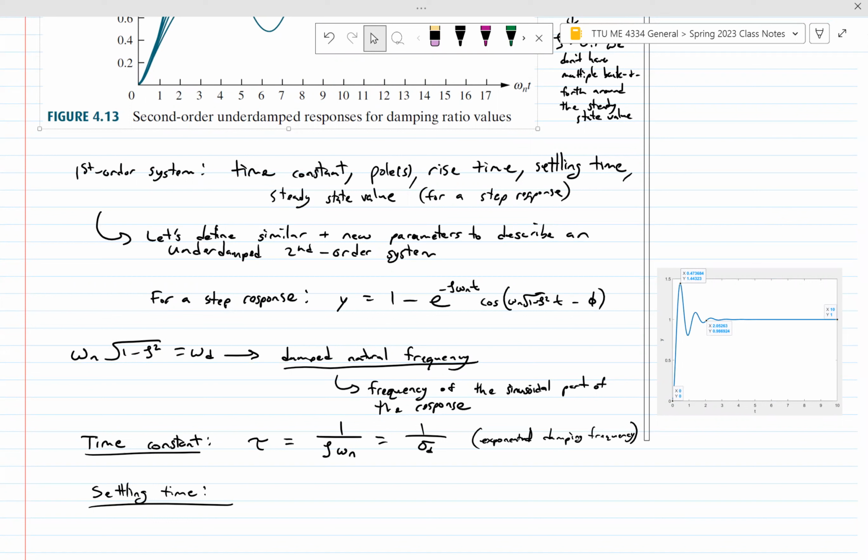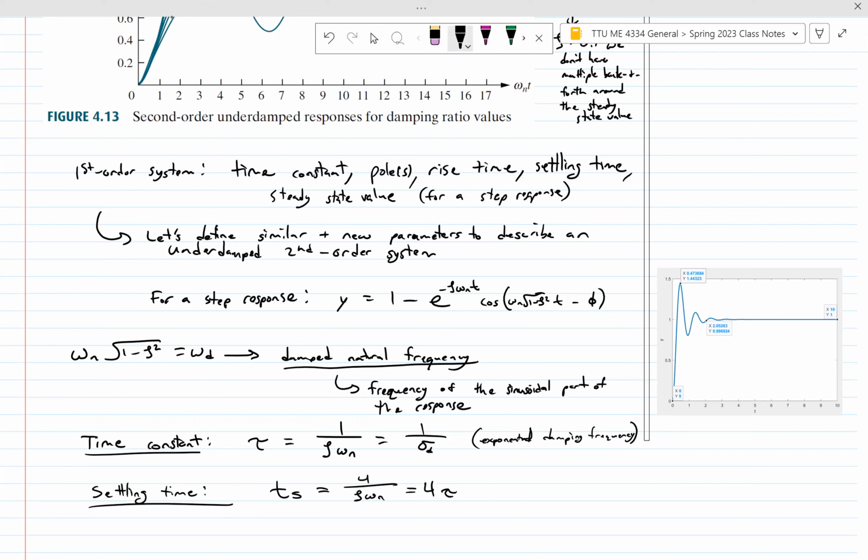What did settling time relate to last time for a first order system? 4 times tau? In this case, we're going to approximate it as the same exact thing. For an underdamped second order system, our settling time T of S is just going to be 4 tau again, right? For overdamped, it may be slightly different.